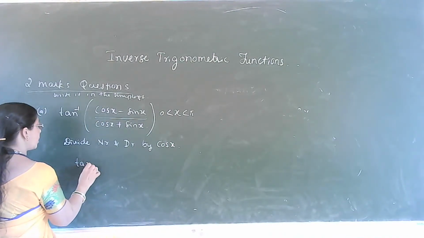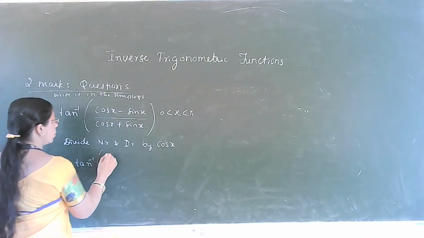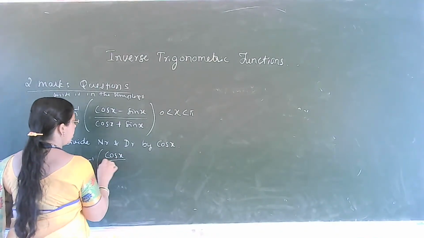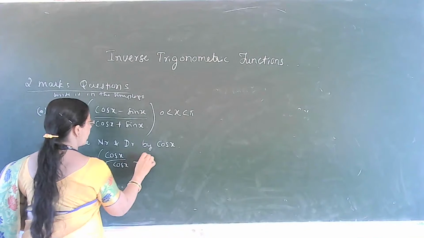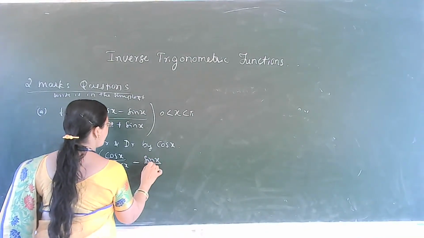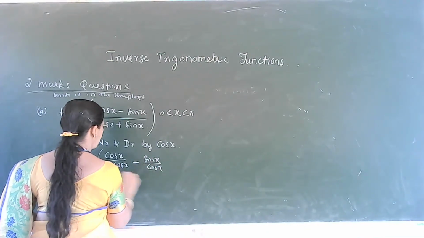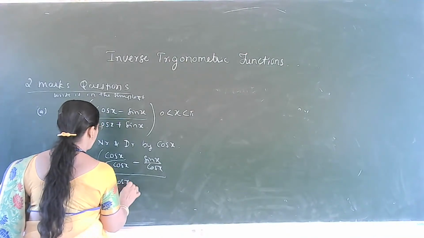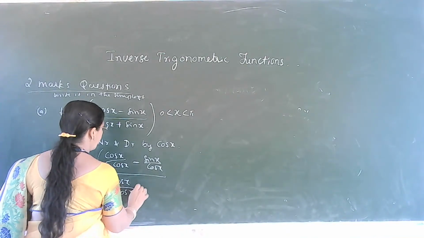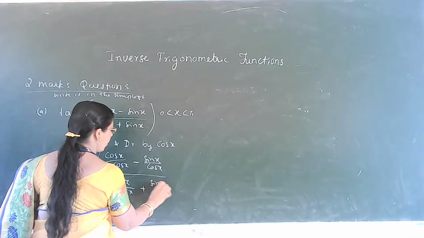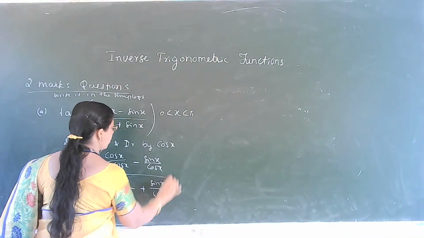We get tan inverse of cos x divided by cos x minus sin x divided by cos x, over cos x divided by cos x plus sin x divided by cos x.